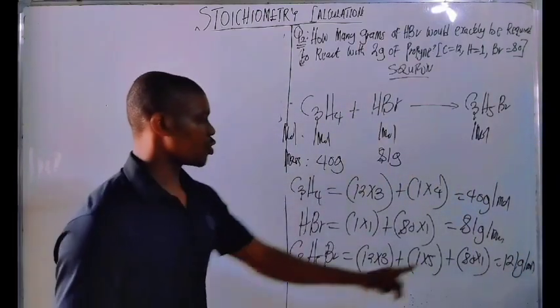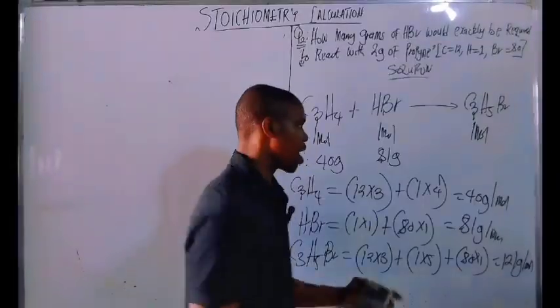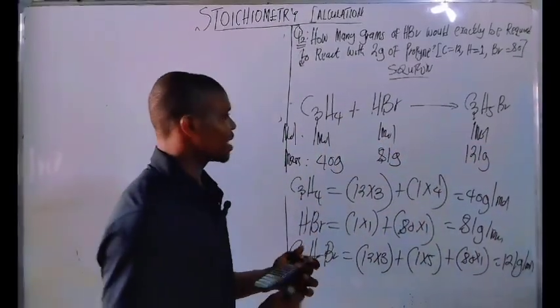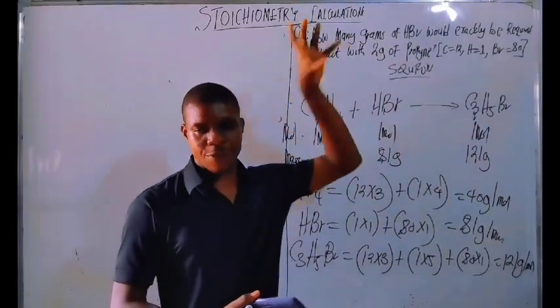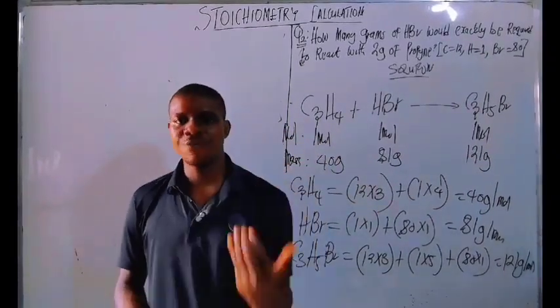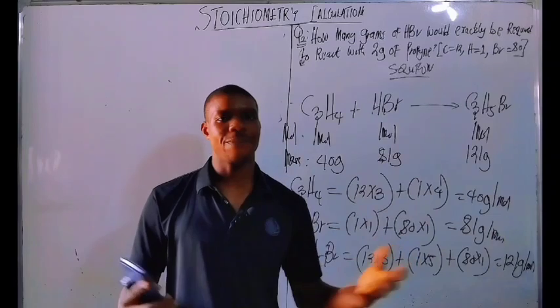That is 1 times this one here, so you have 121 grams. That is it. Now, like I said, there's no point in us saying the volume here because they didn't say anything about volume at STP. If you include the volume at STP here, you are just wasting your time because you're not going to use it.